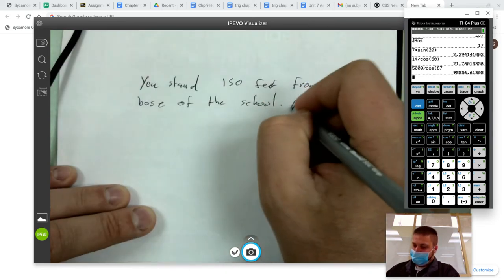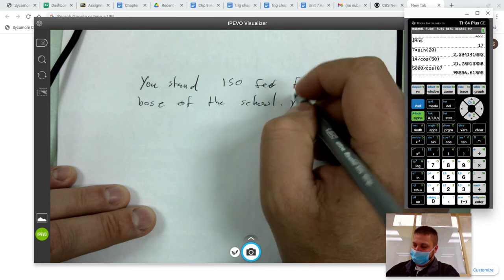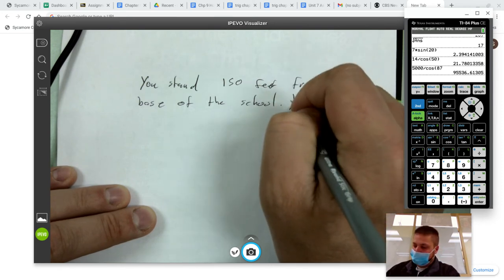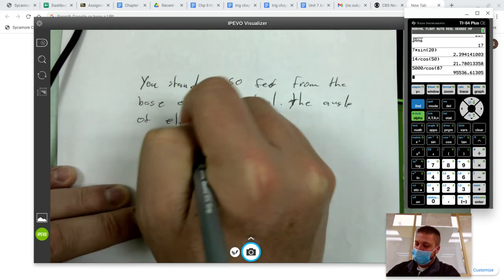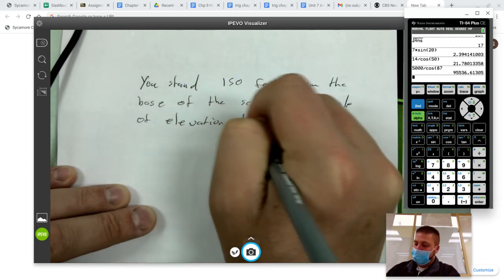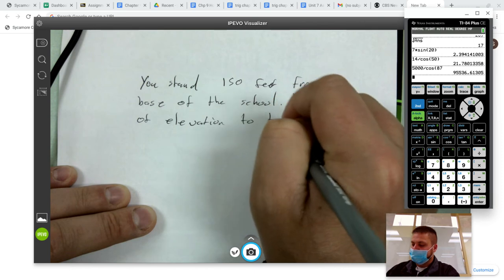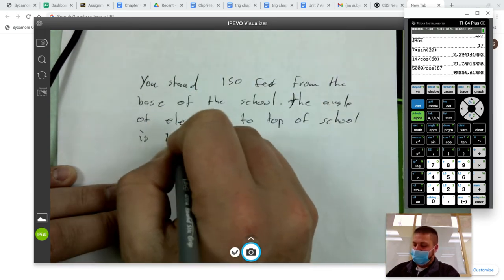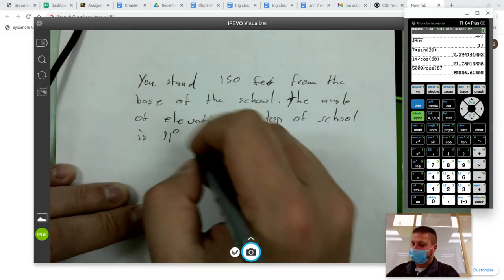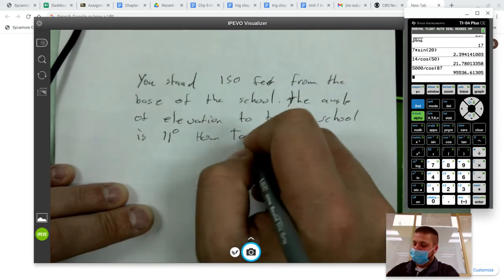The angle of elevation to the top of the school is 11 degrees. How tall is the school?